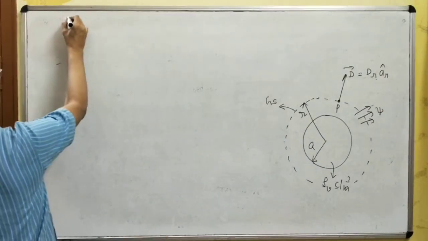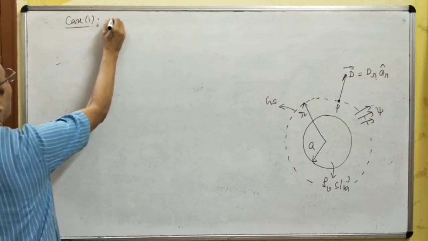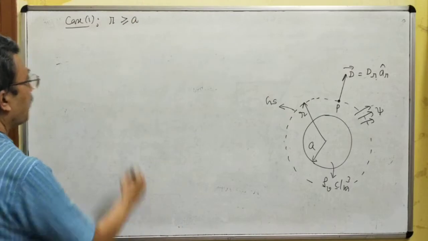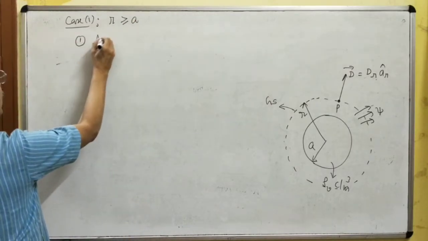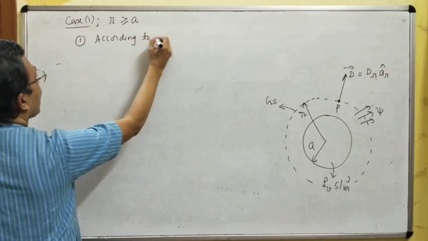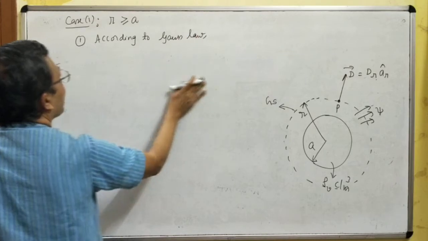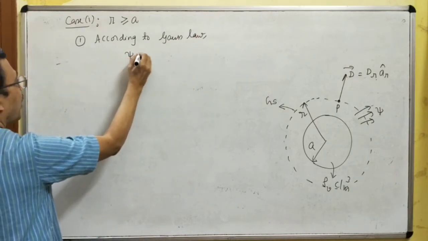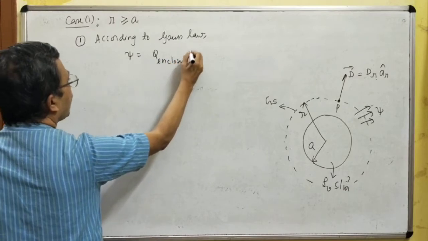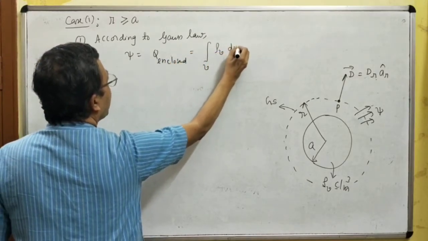So case 1, r greater than or equal to a. Step number 1. According to Gauss law, electric flux psi is equal to charge enclosed, which is the volume integral rho v dV.